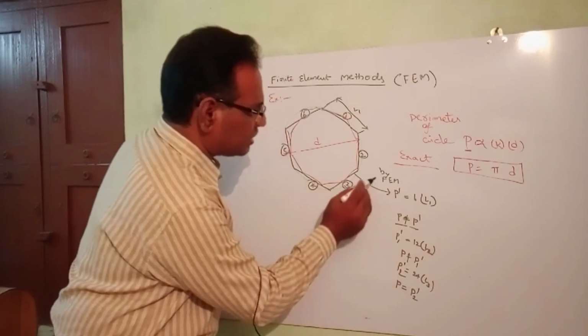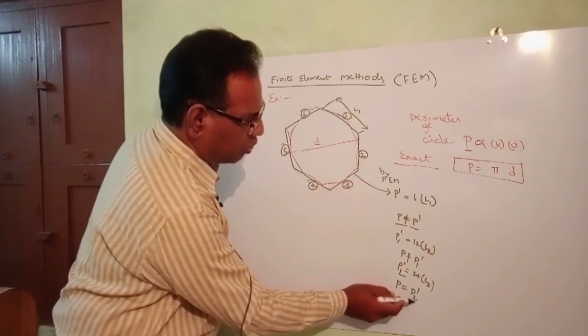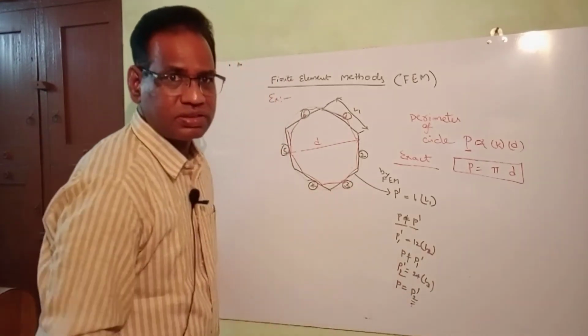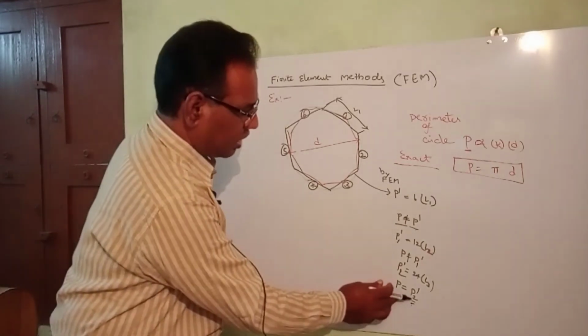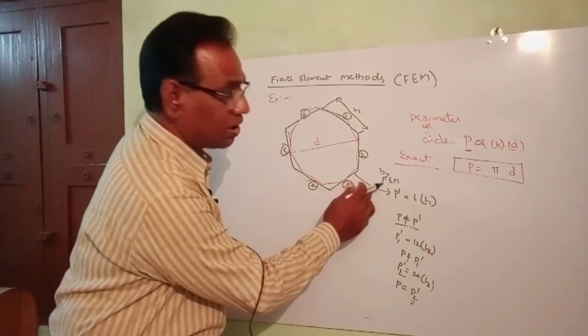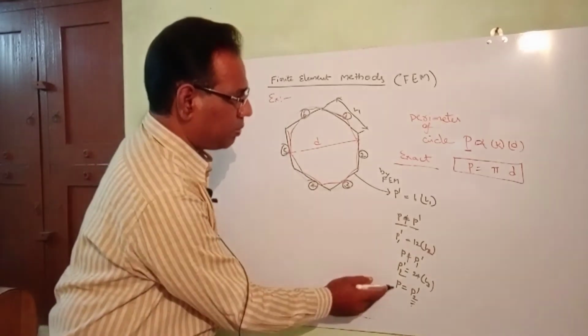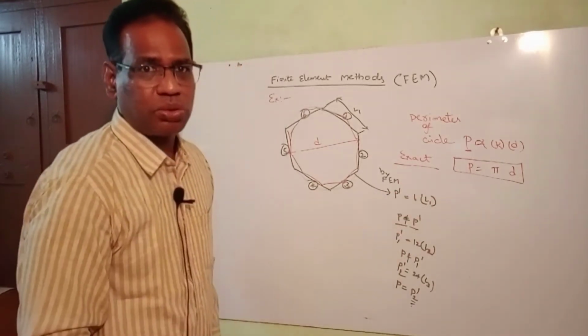Whatever P2 dash you get here is the perimeter estimated by the finite element method, and P is the perimeter by the exact method. These two are not equal.